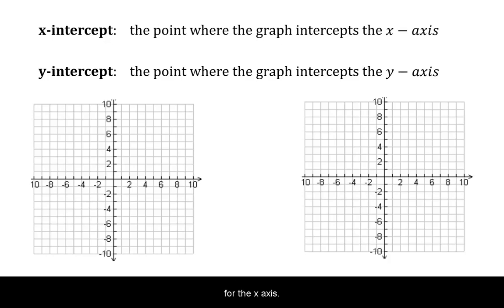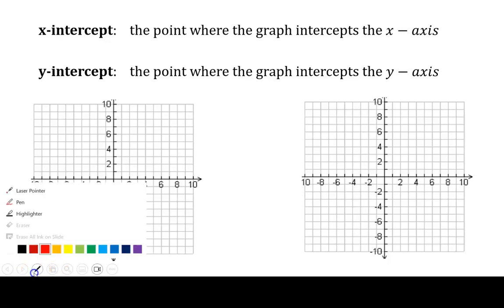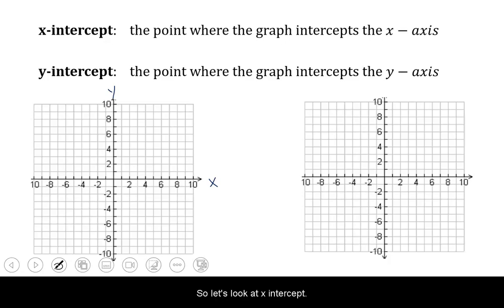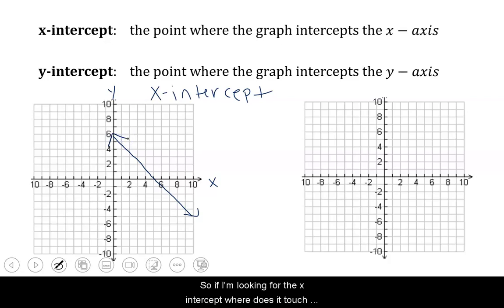So for the x-axis, let's look at x-intercept. If I have a line like this, and I'm looking for the x-intercept, where does it touch on the x?